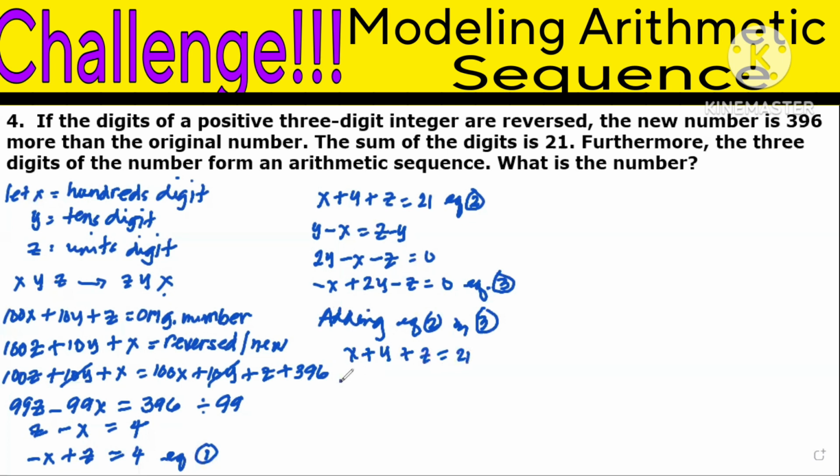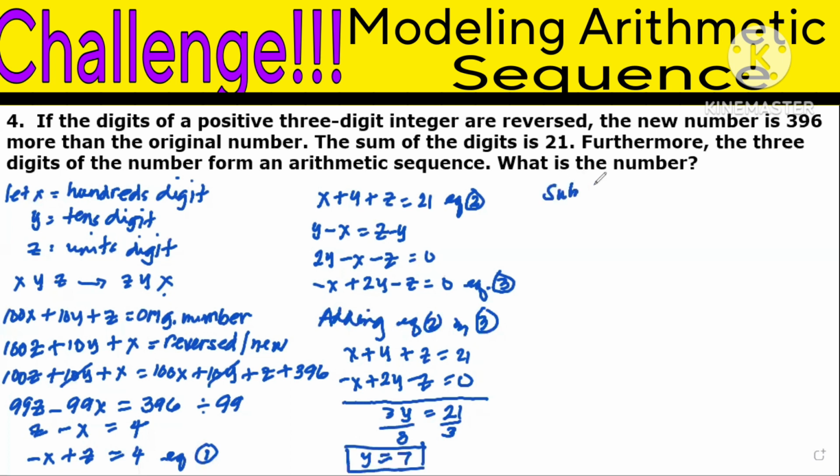Equation 3 is negative x plus 2y minus z equals 0. We have 3y equals 21, right? Na-cancel na yung x and z. So dividing both sides by 3, we get y is equal to 7.